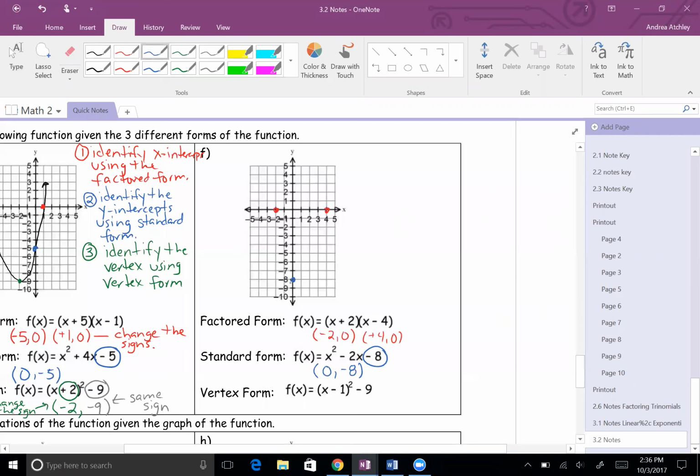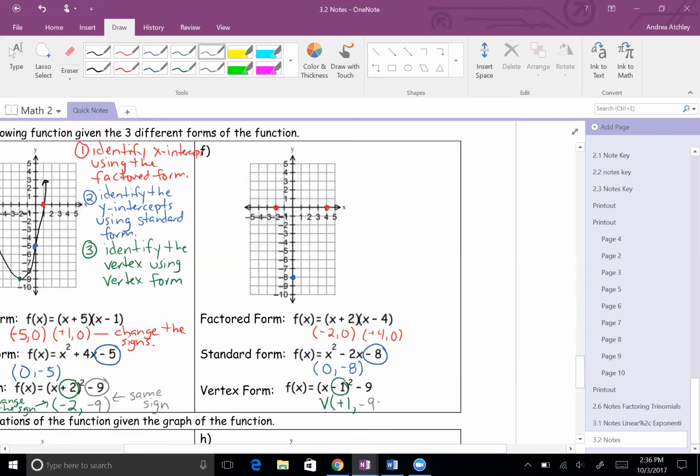Then your vertex is -1 made positive, change the sign, and then -9 stays the same. So I go where x is 1 and y is -9, which is right here. Since I have symmetry, I can also graph that point on the other side. I know that if I fold my parabola along the vertex, it's going to be the same on both sides. And then that's my parabola. Any questions over that?